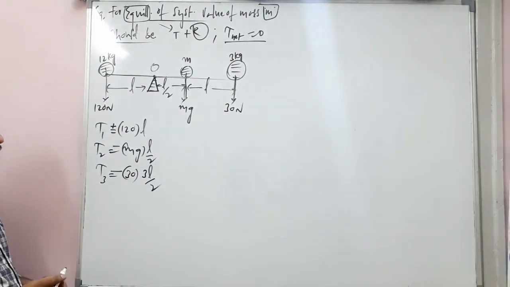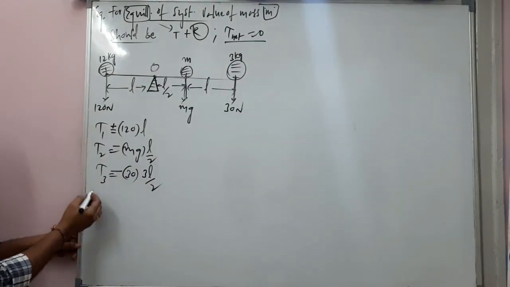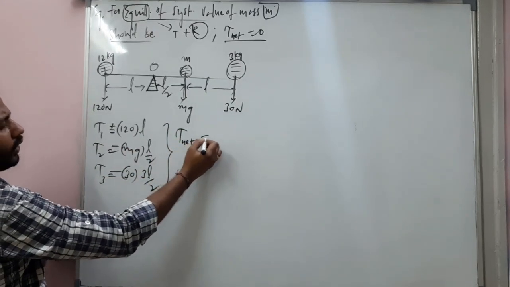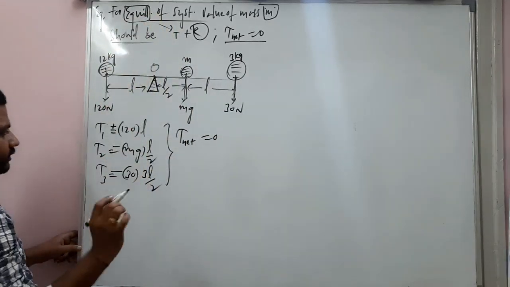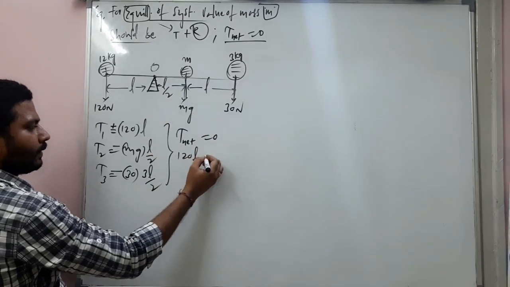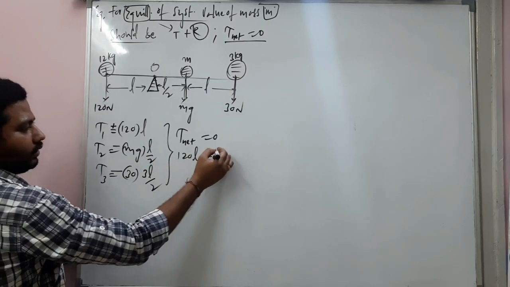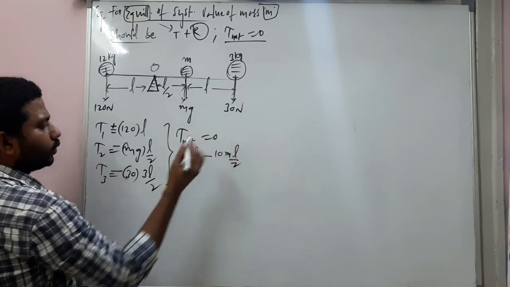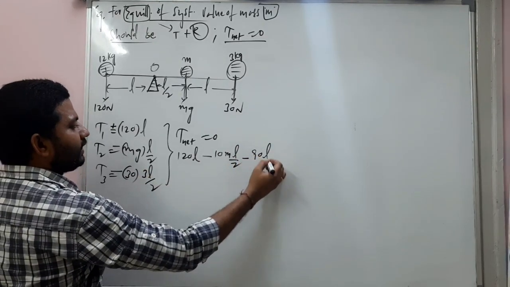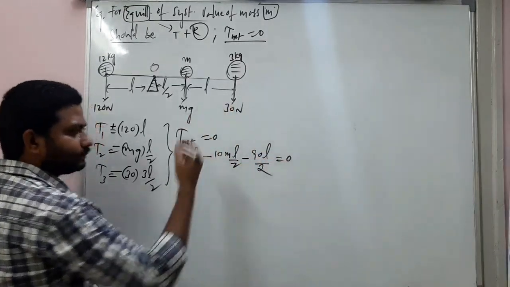Alright. Now, net torque. Altogether, net torque is 0 as the system is in equilibrium, which is given. So 120L minus m into g into L by 2, with g as 10, so 10m L by 2, and minus 90L by 2 is equal to 0.